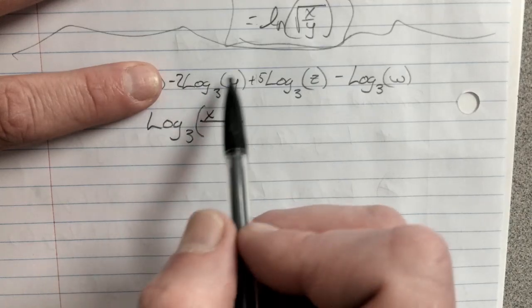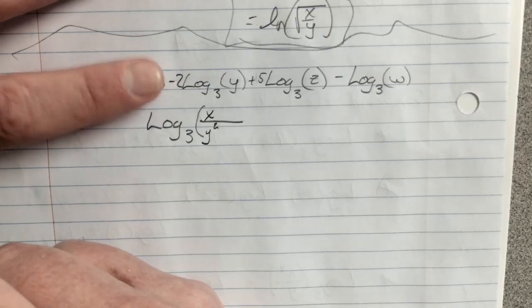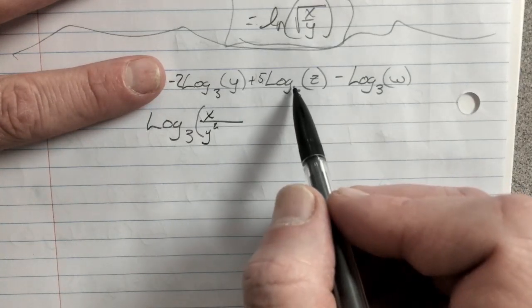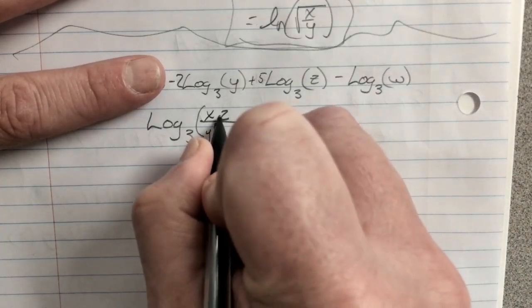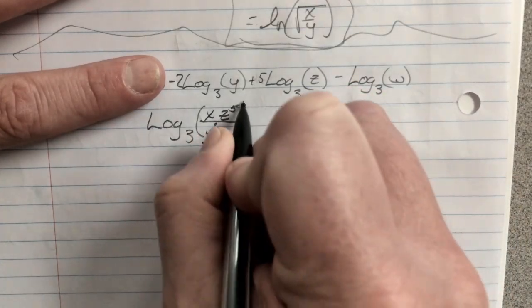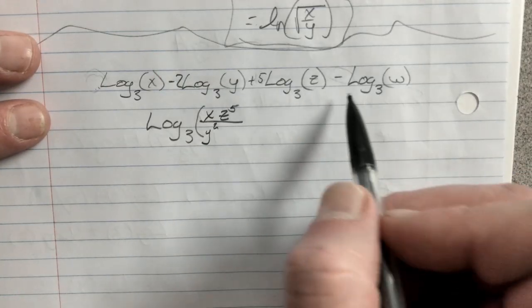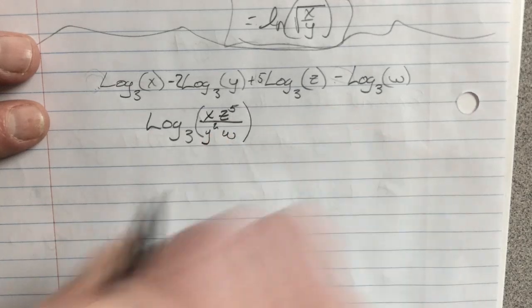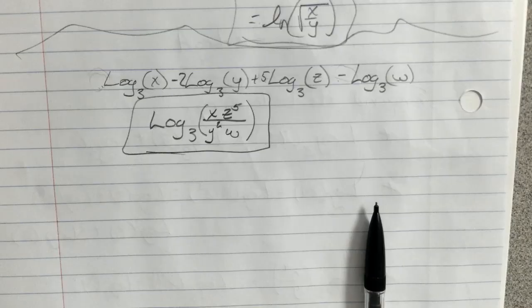It's a -2, so I have y squared in the denominator because it was negative. The 5 log base 3 of z, is it positive or negative? It's going to end up on top, z with an exponent of 5. And on the denominator, because this log is negative, that w goes to the bottom with an exponent of 1. Nice. That, my friends, is how you speedrun.